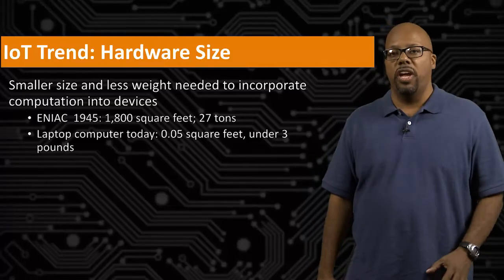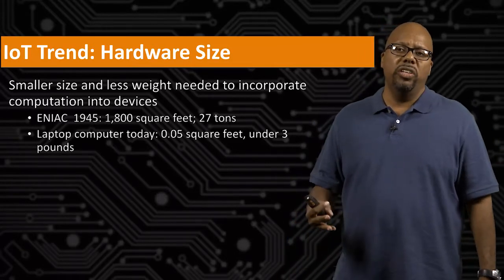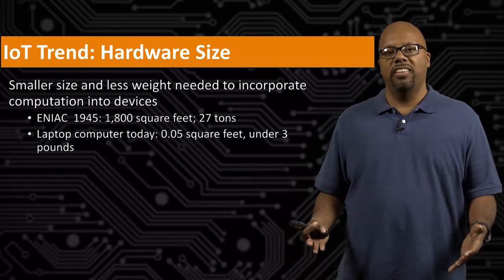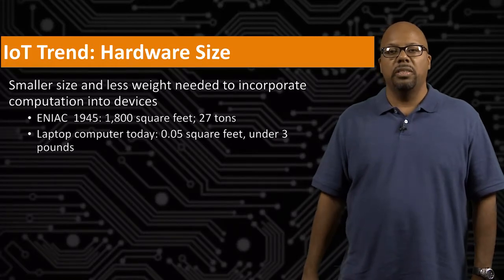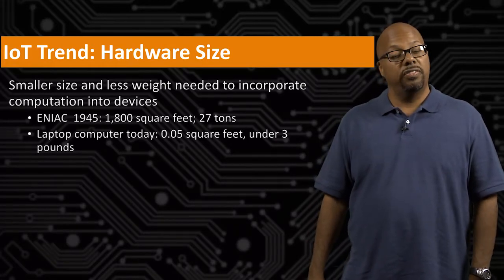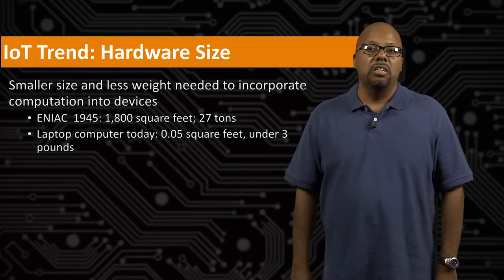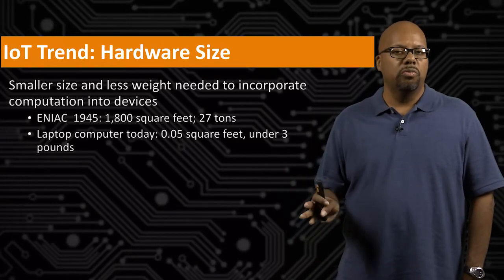So that's another trend, hardware size. Things have become smaller. With that old ENIAC, there was no possible way you were going to fit it into a device, into a thing. ENIAC was approximately 1,800 square feet and 27 tons. It was a big thing. But a laptop today is small and light, and IoT devices are smaller and lighter than that.